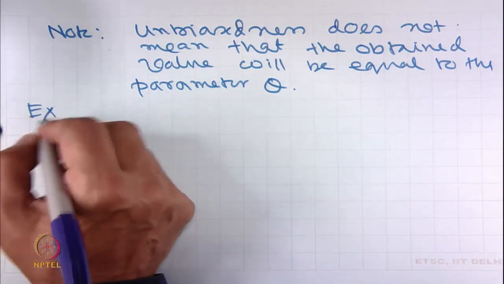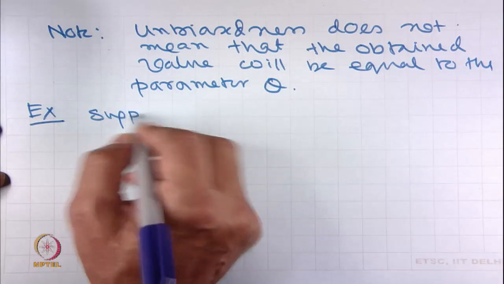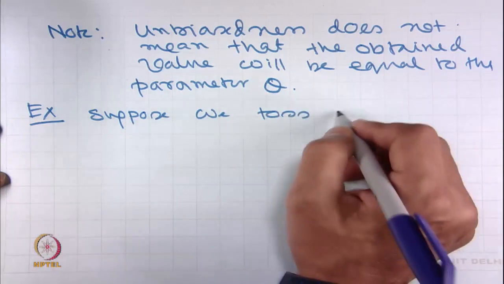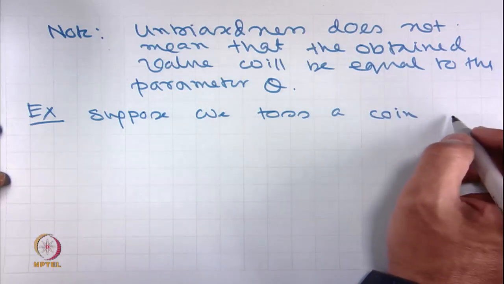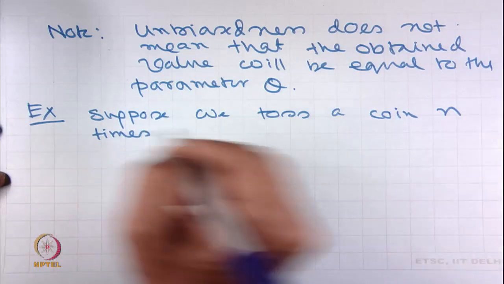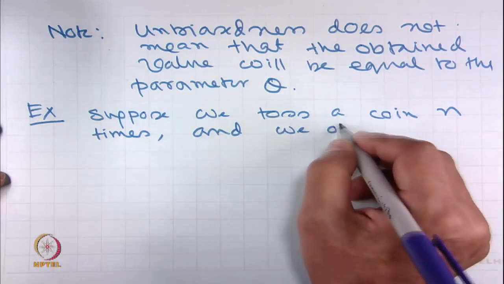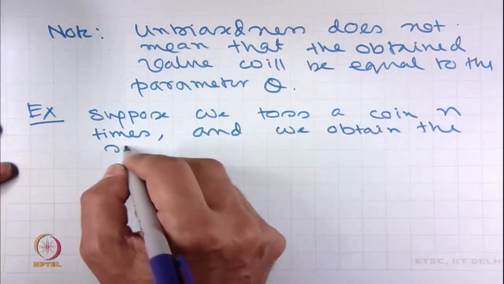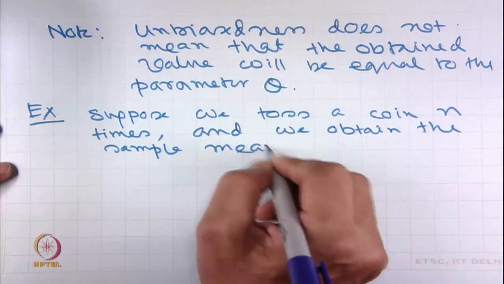Example, suppose we toss a coin n times and we obtain the sample mean after each toss.